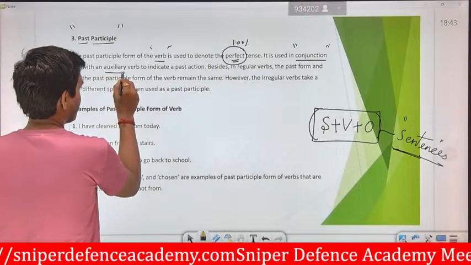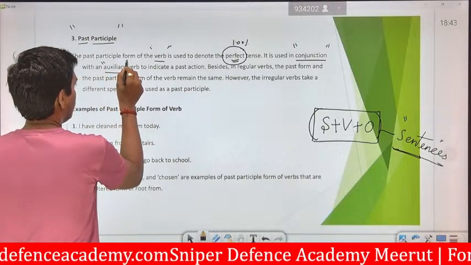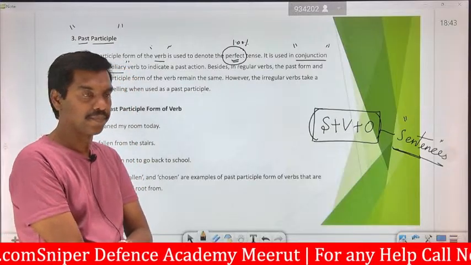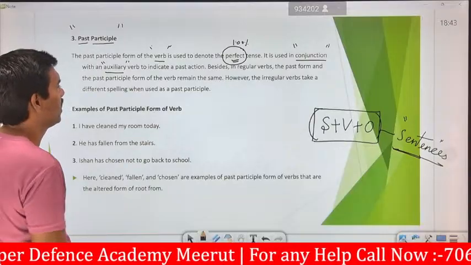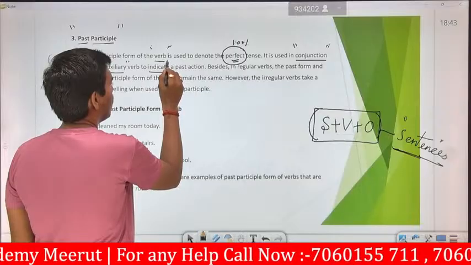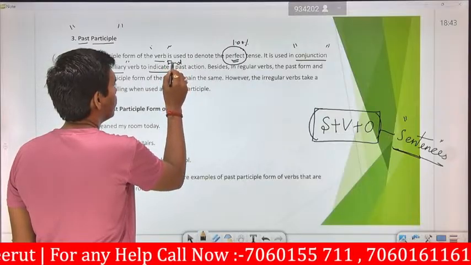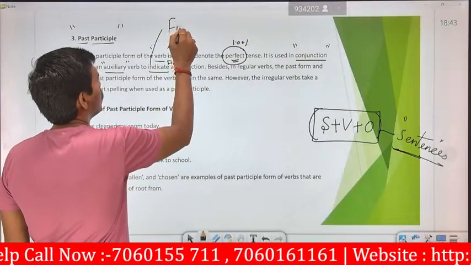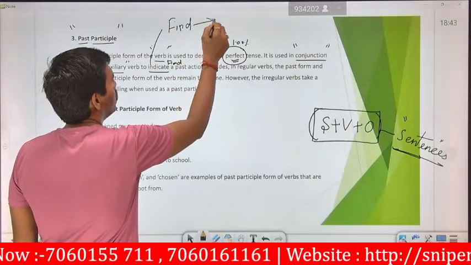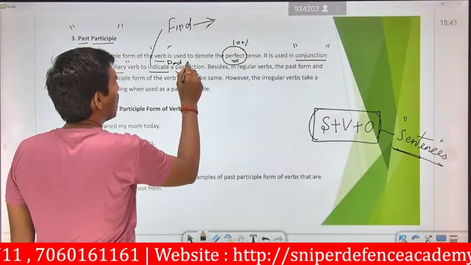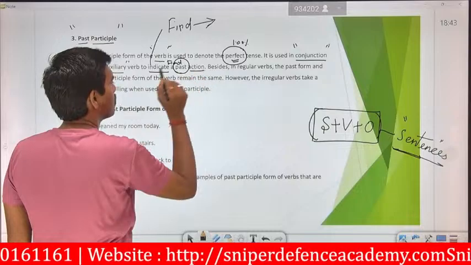What is an auxiliary verb? It is used in conjunction with auxiliary verbs to indicate, meaning to identify or to find, or to give the direction for the past action which has taken place.